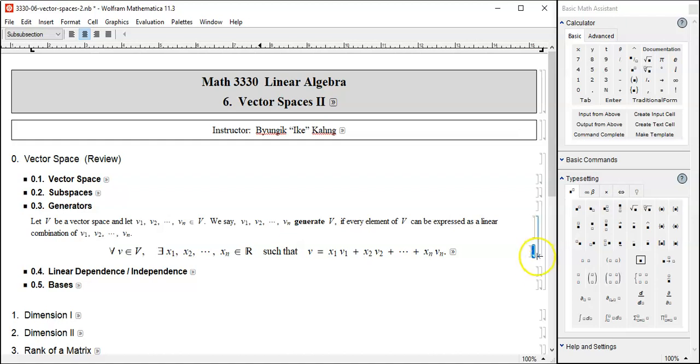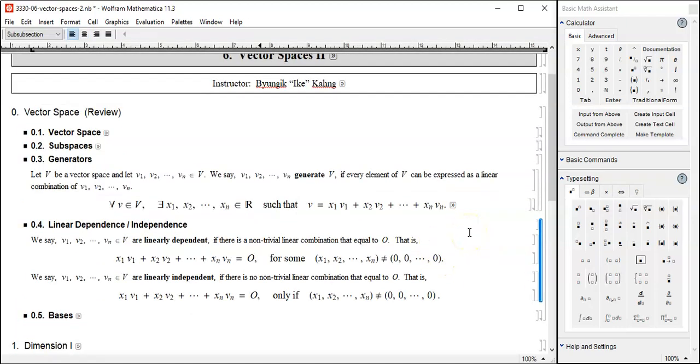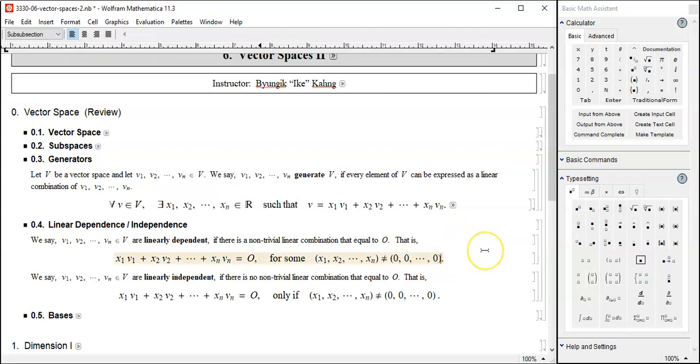Next concept, linear independence. We say vectors v1, v2, all the way up to vn are linearly dependent if there is a non-trivial linear combination that adds up to the zero vector. What do you mean by that?